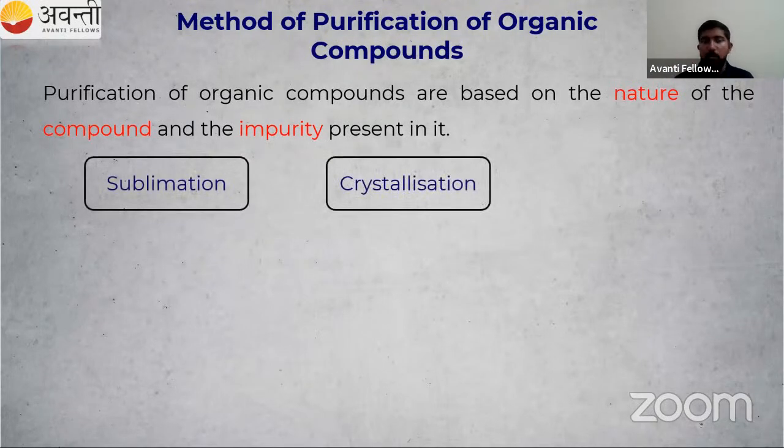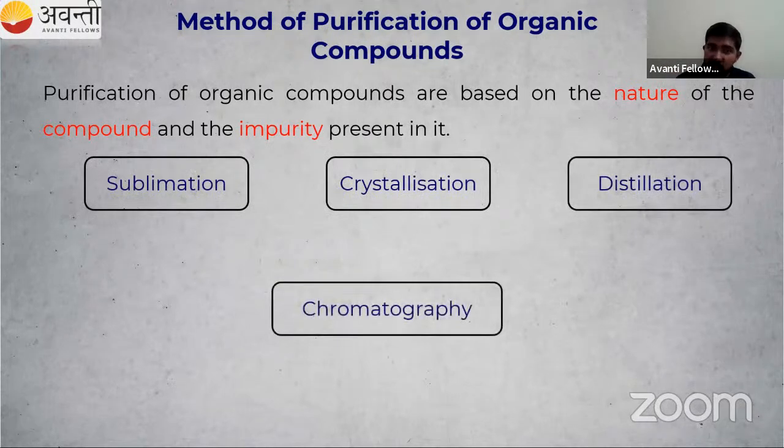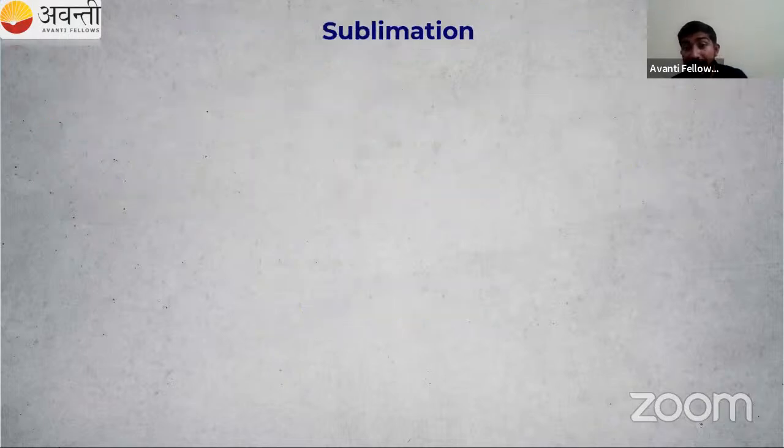We will study sublimation, crystallization, distillation, and chromatography. From distillation and chromatography, more questions are asked in JEE. Sublimation and crystallization, you can almost leave, we can keep them aside. So let us study distillation and chromatography in detail.